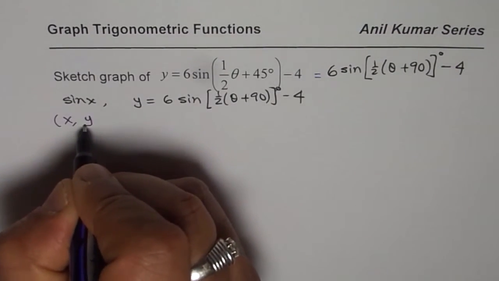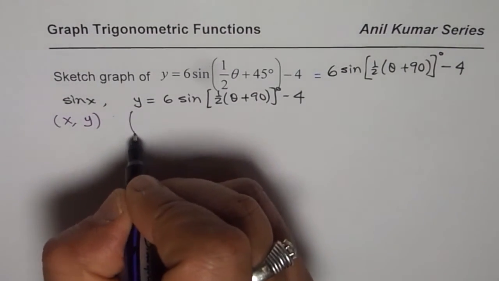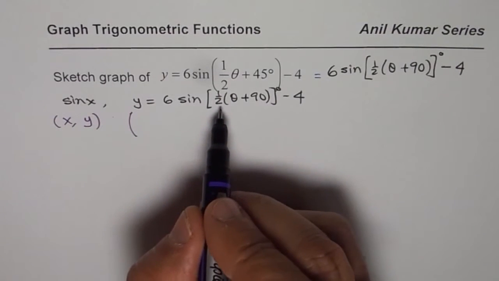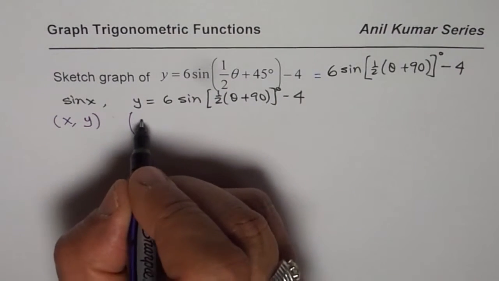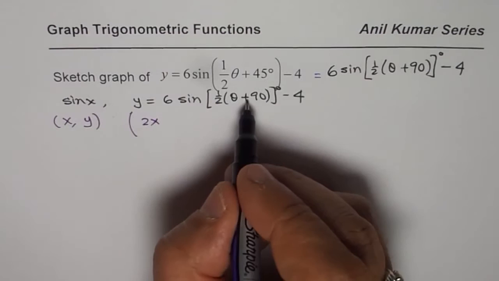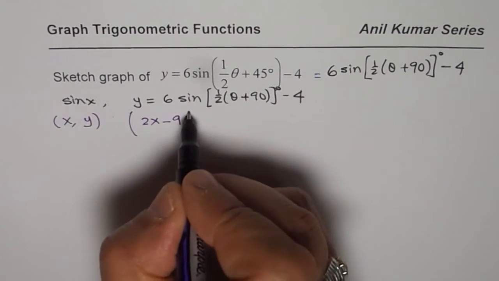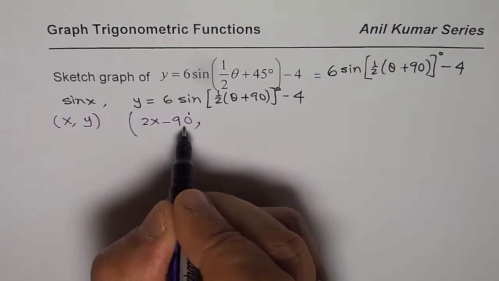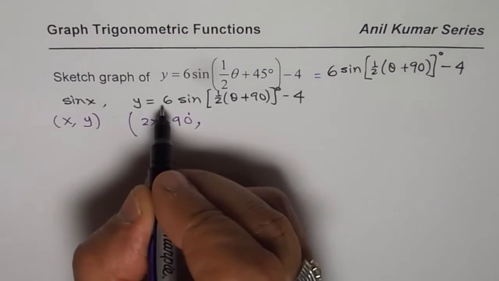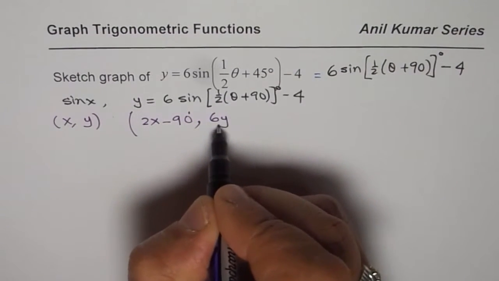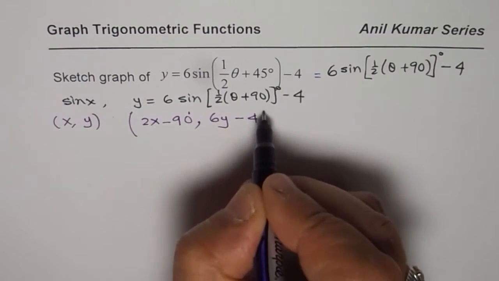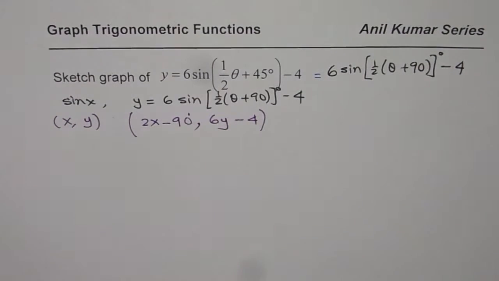The x and y values of sine x will get transformed. The x values will get multiplied by 2, so we get 2x, and then you have to take away 90 degrees. That is how x values will change. Y values get multiplied by 6, so we get 6 times y minus 4, correct? So that is how your x and y points will get transformed.